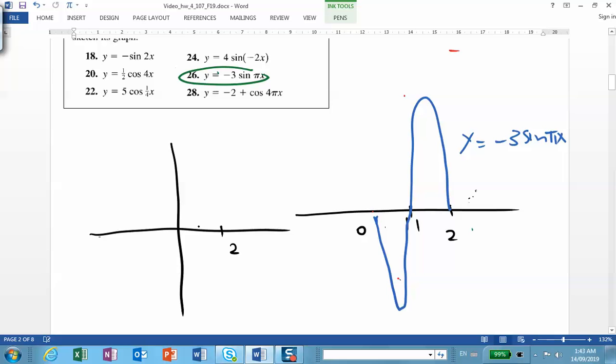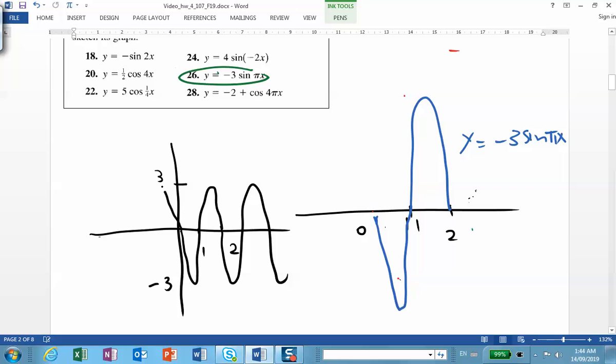So we have a curve like this, where this height is 3 and this is minus 3, and of course the curve is going to repeat itself. This is 3 and this is 4, etc. And this is, by the way, minus 1 and minus 2.